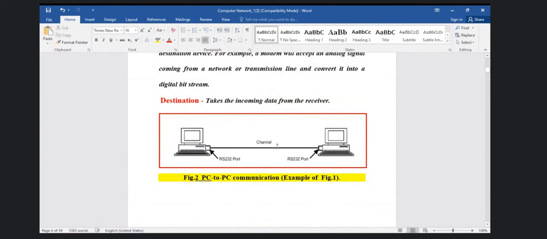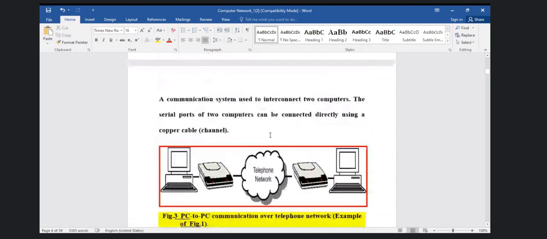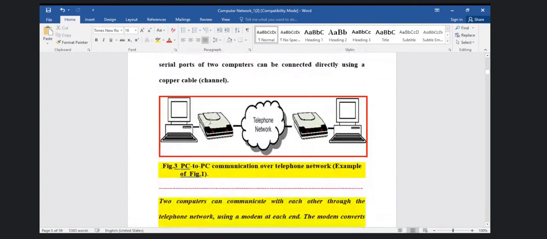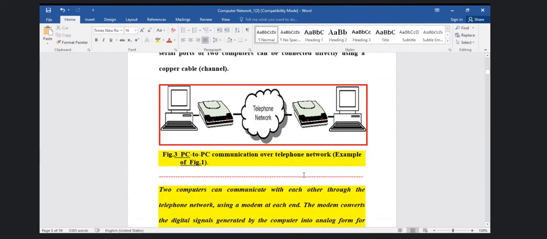We only need a channel to transmit the signal. But here we have to use modulator modems at both the sending end and the receiving end. So this is an example of digital carrier communication.